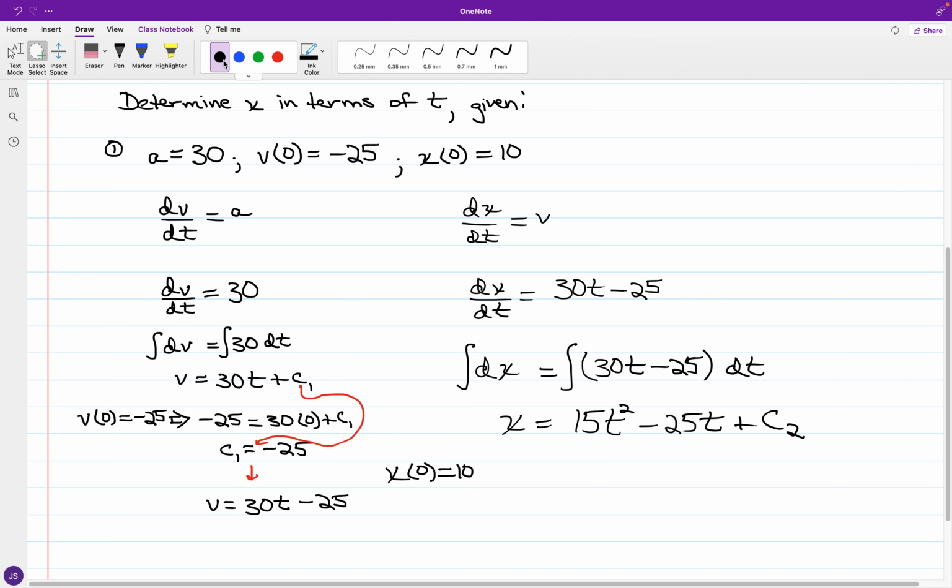Substituting accordingly, x is at 10. 15 times t squared, whenever t is at 0, becomes negligible, and negative 25 times 0 is negligible. Right away, c sub 2 is equal to 10. And so solving for x in terms of time t, it turns out that x is equal to 15t squared minus 25t plus 10.